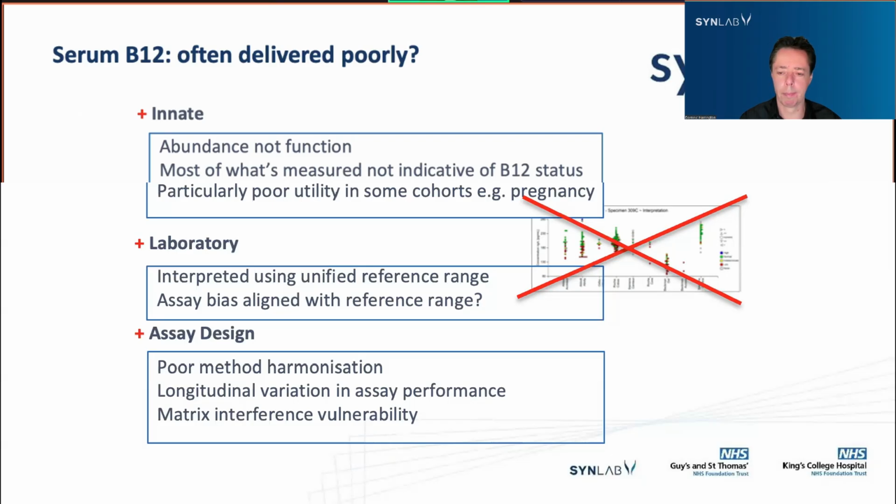The other fact is that there is very poor harmonization between the different methods for serum B12 between different manufacturers. Beckman, for example, will give you a lower result than the other manufacturers. It doesn't mean Beckman are wrong, it just means they're different from the other manufacturers. We need to see more effort in harmonization. There's also evidence of longitudinal variation in the performance of these assays.